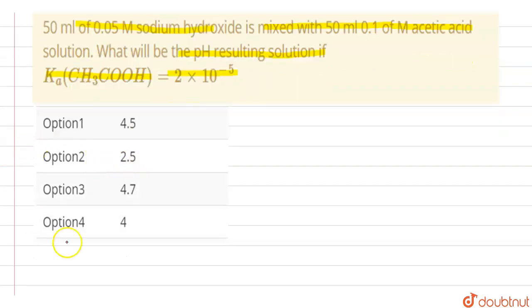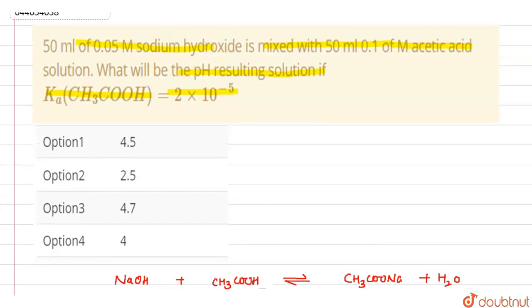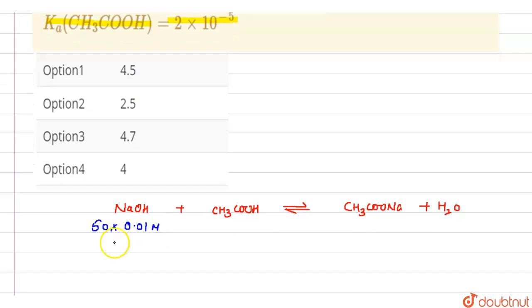So in this question we have sodium hydroxide which is mixed with acetic acid, and after mixing, sodium acetate is formed plus water. And in this question, first we will find out the number of moles. 50 ml of 0.05 molar sodium hydroxide is used.